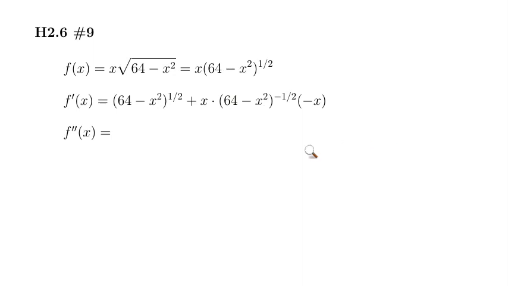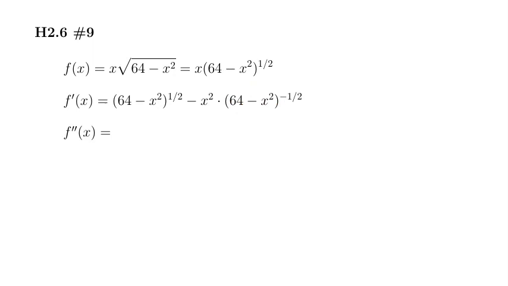Then here you have a negative x and there's a positive x, so I'm going to combine that and write it as a negative x squared. Then next step, I'm going to write this negative power instead as a fraction.